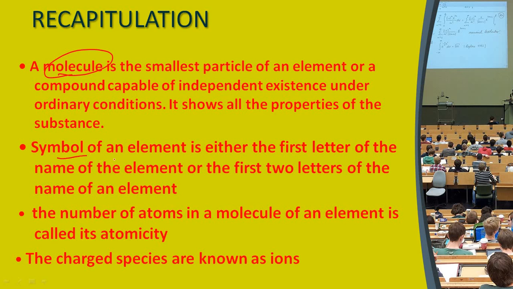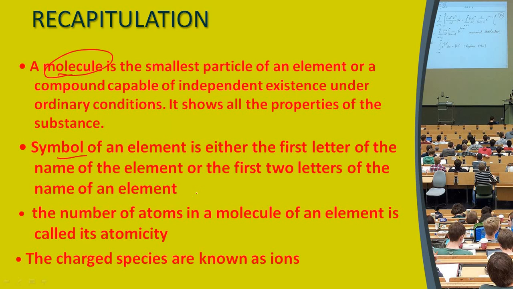Symbols: I already told that in our class we are known by our own names. Similarly, IUPAC has given the elements different names and different symbols. The symbols are important to know. The first letter of the element would be its symbol. Sometimes two letters are given. The first is uppercase and the second is lowercase.